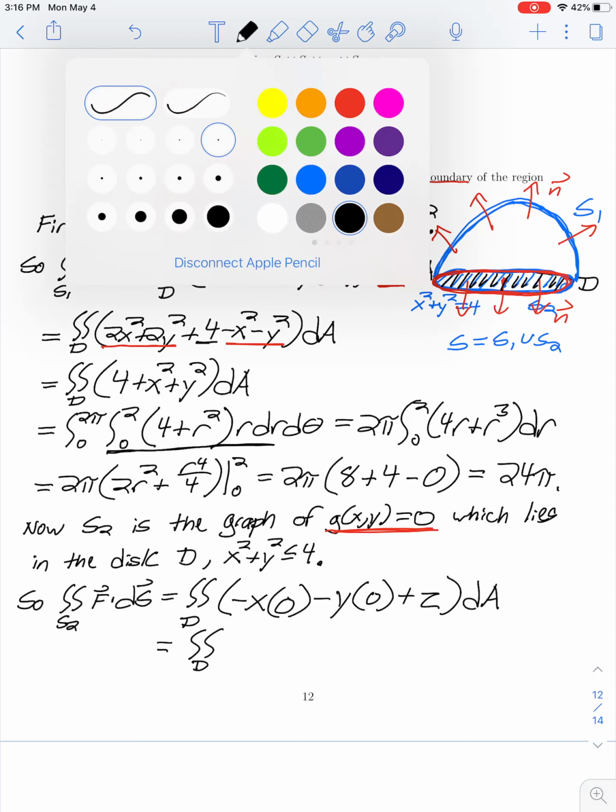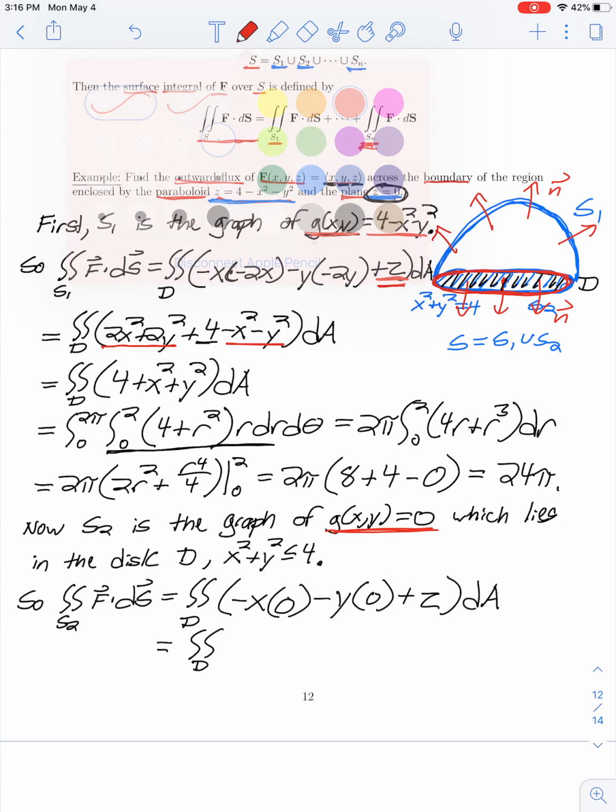Oh, and one thing that I should mention here, since the surface S2 has the downward orientation, we would need a negative in front of this double integral. So recall that formula was making use of the upward orientation. So if we're taking the downward orientation, we need a negative out in front to reverse that orientation.